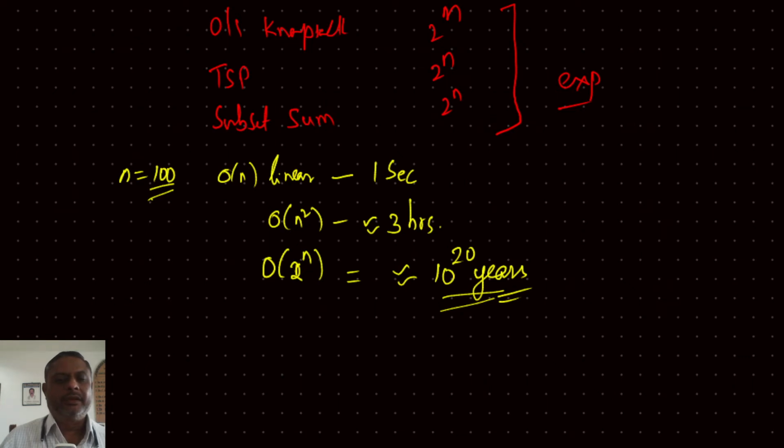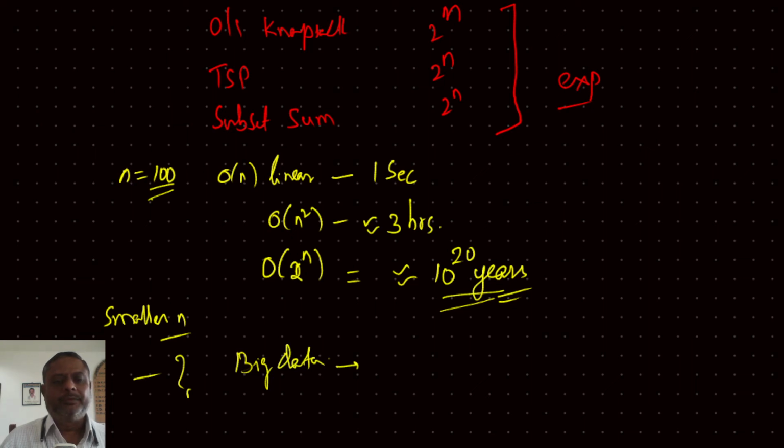So we are not worried about smaller values of n. It has nothing to do with small values of n, but as the value of n increases very large. Why are we talking about this today? Today is an era of big data.